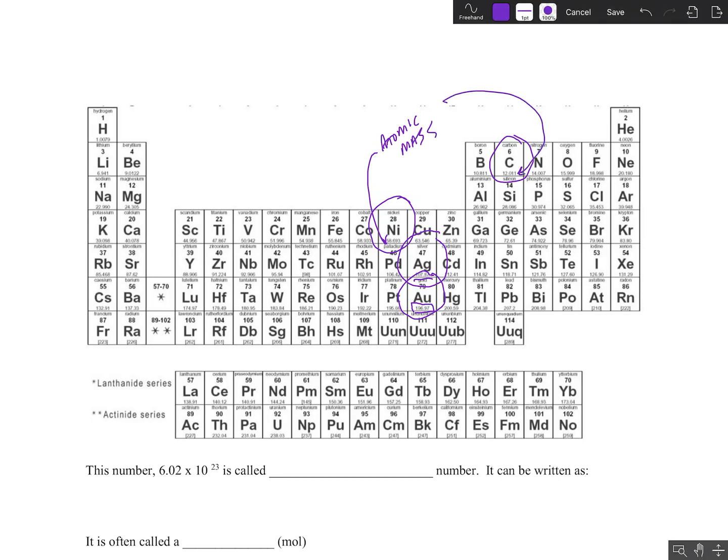It turns out that the atomic mass in grams has, you ready for it? 6.02 times 10 to the 23rd atoms of that element.